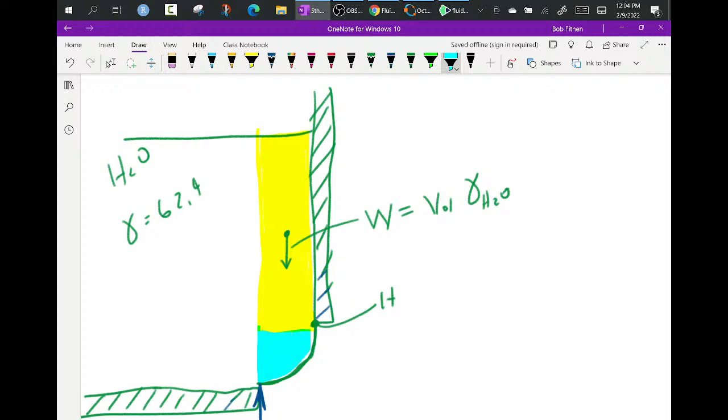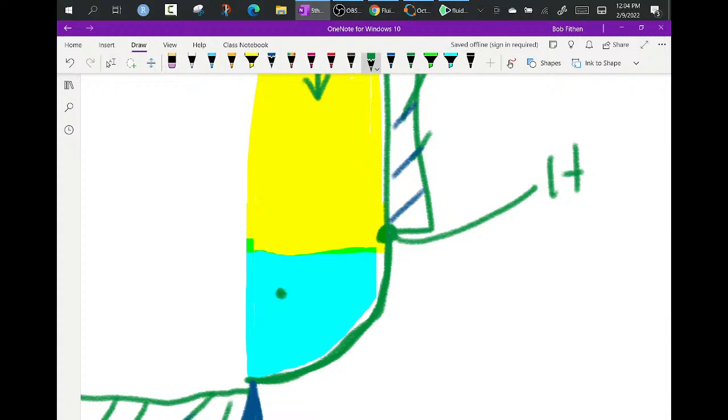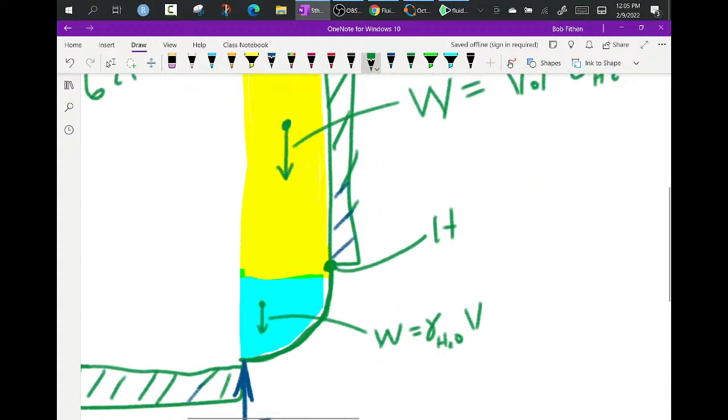So it is a quarter of a cylinder. Its centroid is slightly shifted to the left, and it weighs something as well. And what its weight is, the weight is the gamma of the water and the volume of the quarter cylinder.